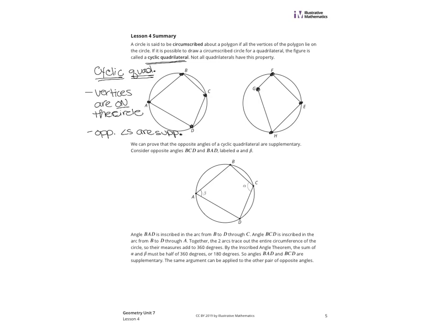So this particular quadrilateral is not a cyclic quadrilateral, and therefore the vertices are not all on the circle. And so what we're studying today is not true for this type of quadrilateral.